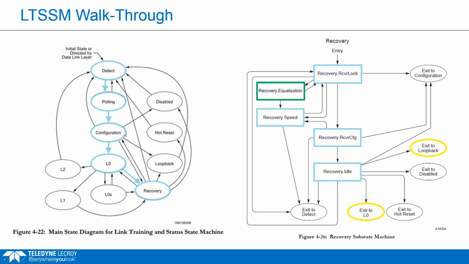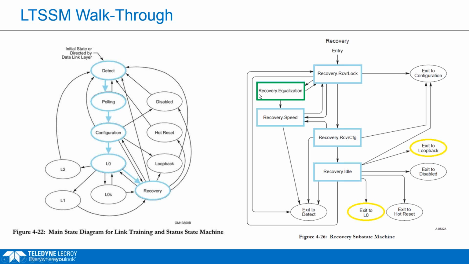So the way that's done in PCI Express, I have a couple of link training status state machine diagrams here. Basically, when you connect the two pieces together, you plug the add-in card into the system, you power it on, it's going to follow through these states that I have circled here: detect, polling, configuration, L0, and then into recovery. And I have all the substates shown on the right side here for recovery.